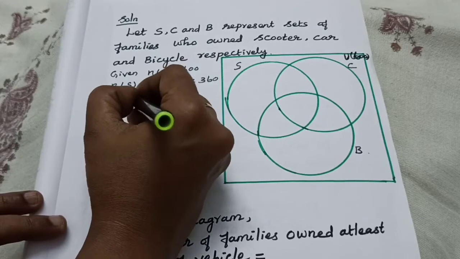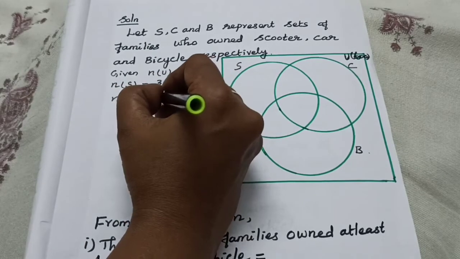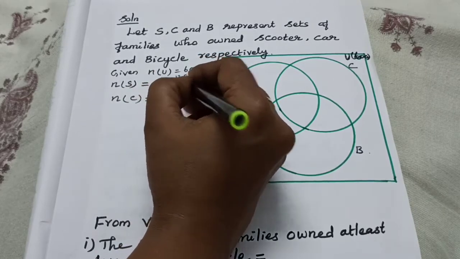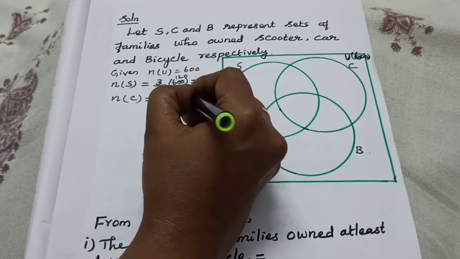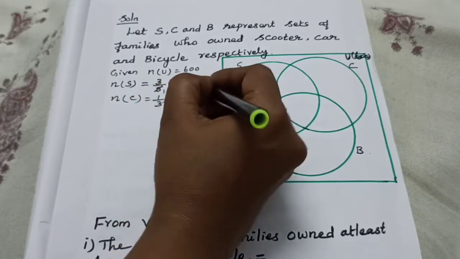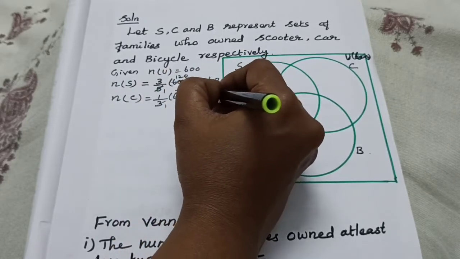Then n of C. How many of them are using car? That means 1 by 3 of 600. 1 3 is 3, here 2 0 0. Then equal to 1 into 200 is 200.